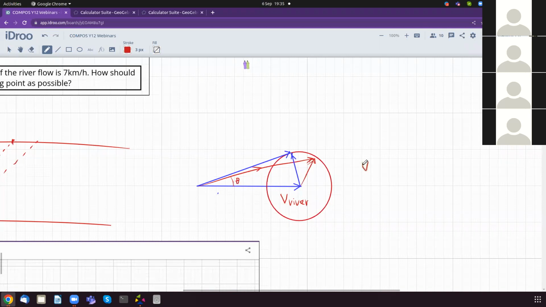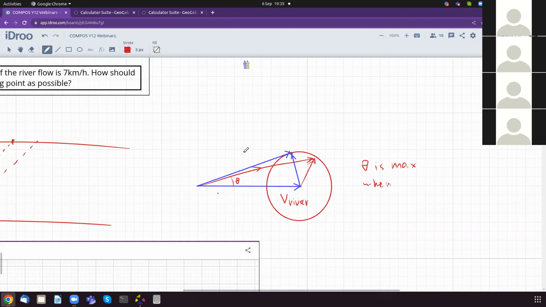So theta is maximum when this is a tangent, when this is at the top.